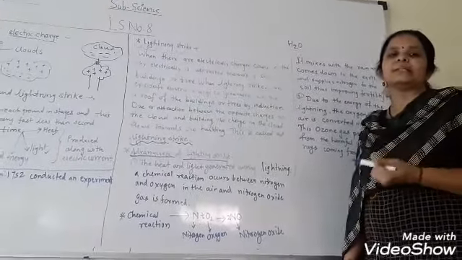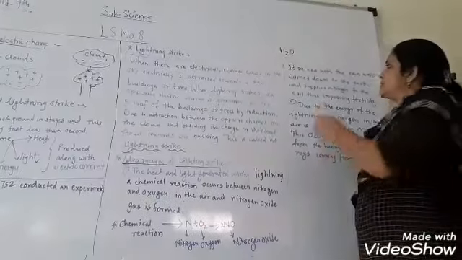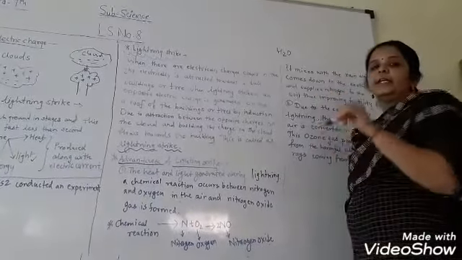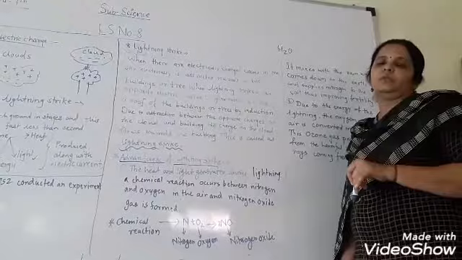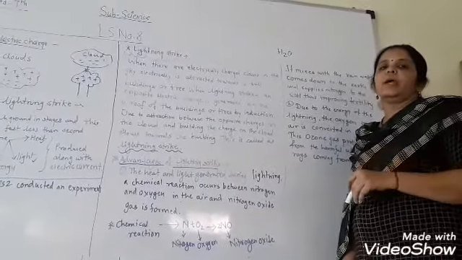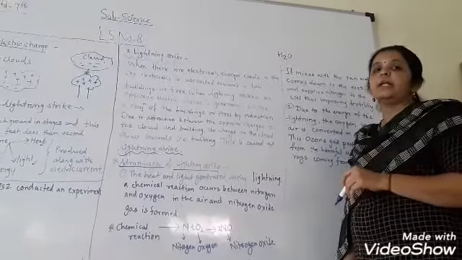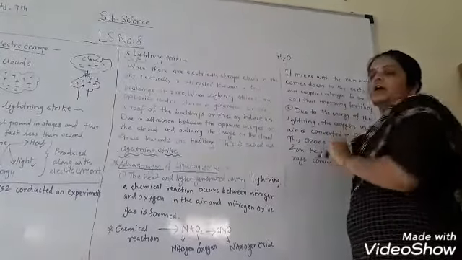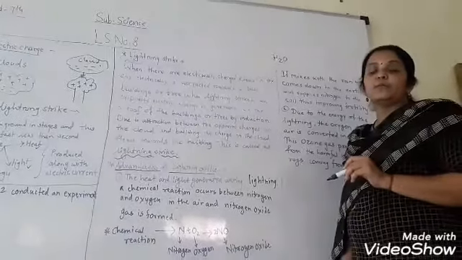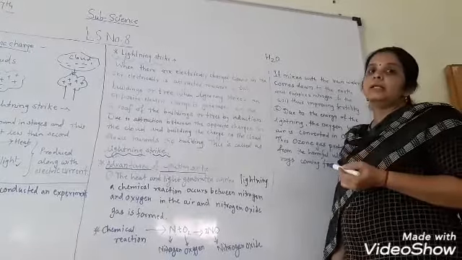Various types of acids start to be created, and when they fall on the ground, they mix with the soil, and directly or indirectly the fertility of the soil gets increased. It improves the fertility of our soil.